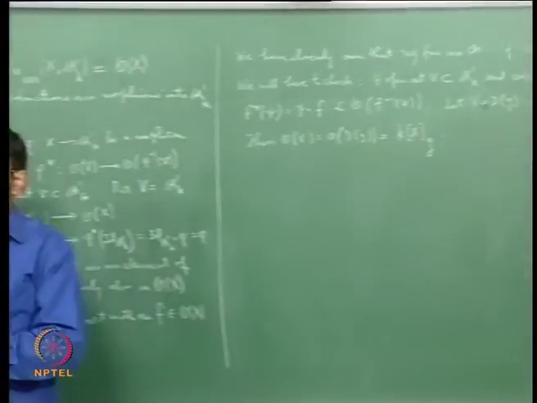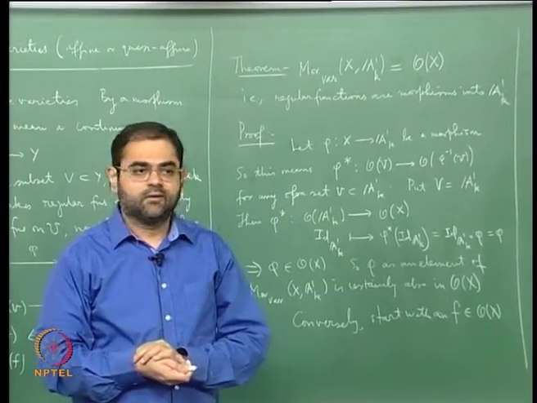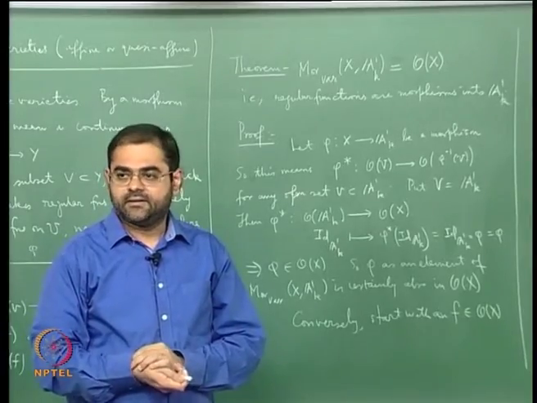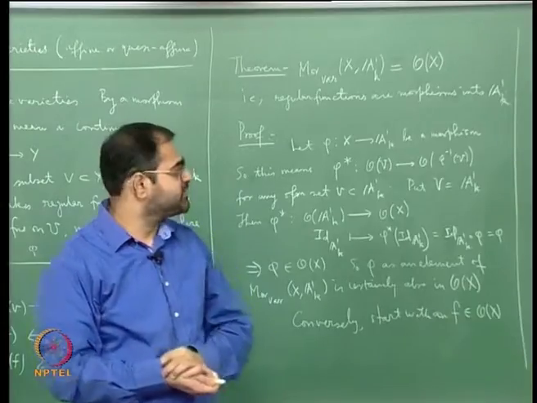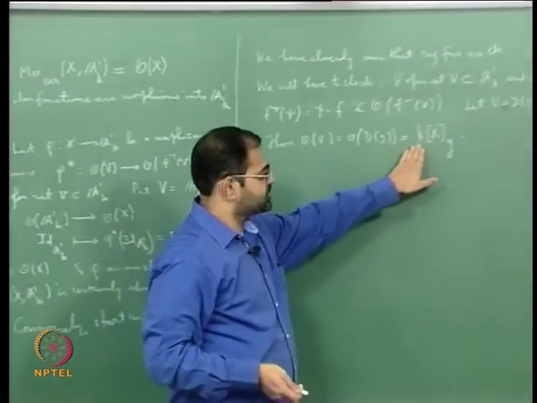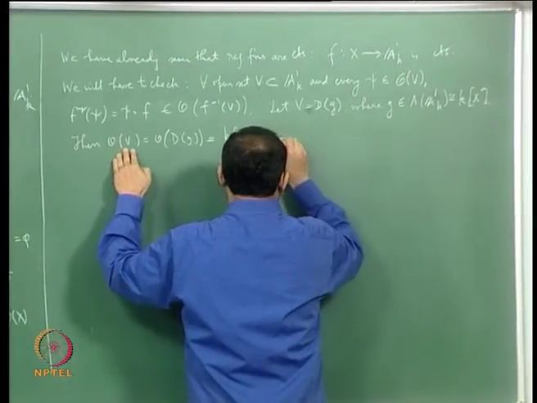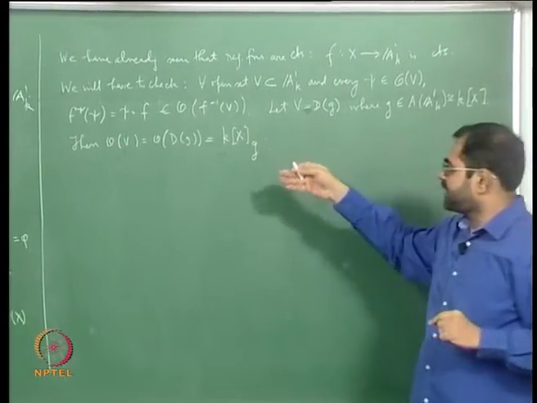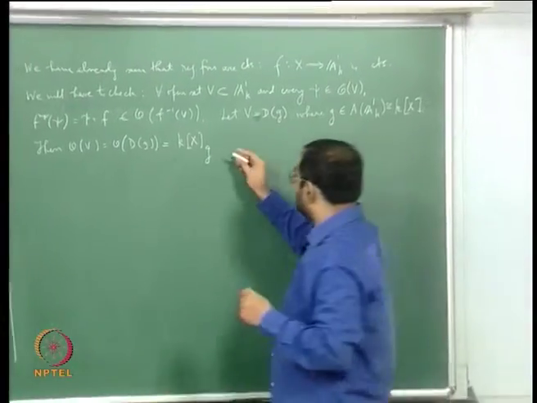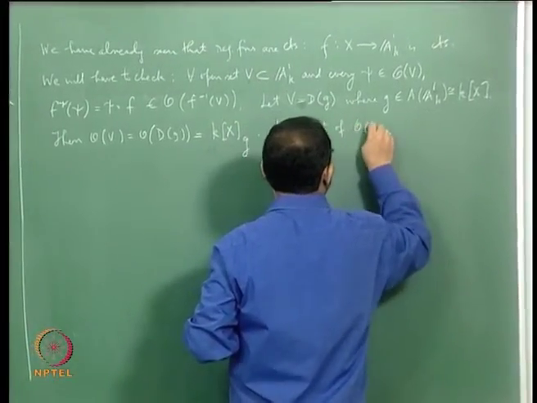The regular functions on D(G) are the same as A of D(G), and that's defined to be the localization by G. So O of V is just this, and an element of O of V is of the form h by G power m, where m is a non-negative integer.